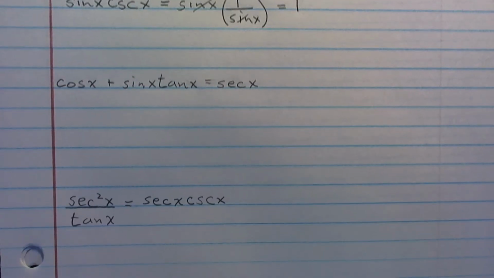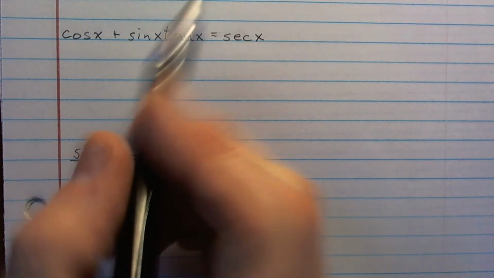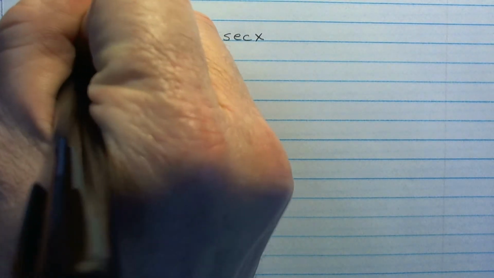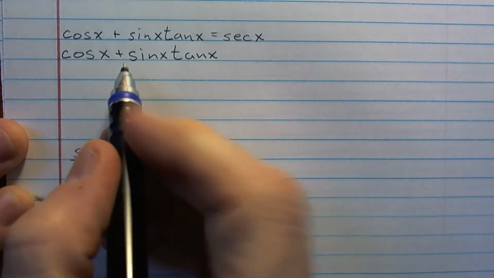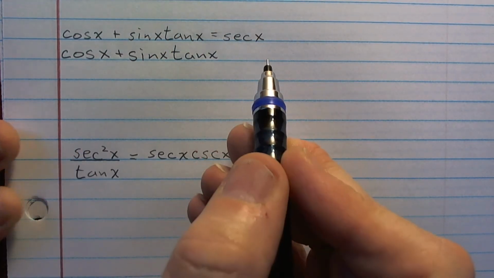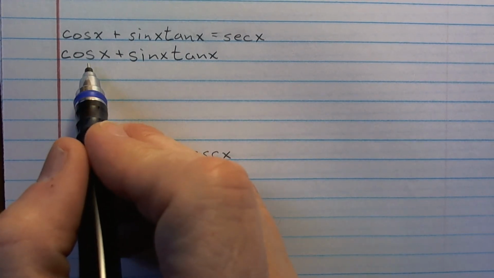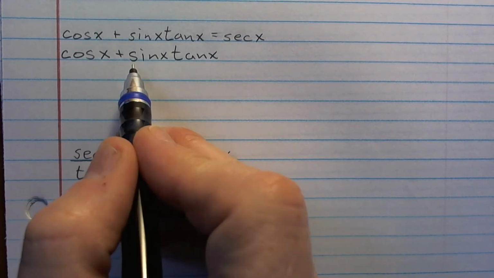Now, down here we've got one a little more complicated. So what I want to do is take the most complicated looking side, and I want to show that that's just, in fact, secant. Well, I'm looking at this, and I'm just stuck here. I don't know what to do.